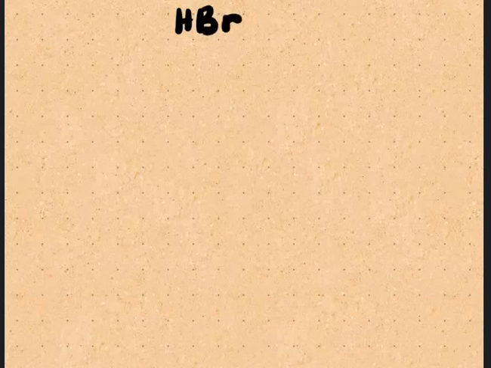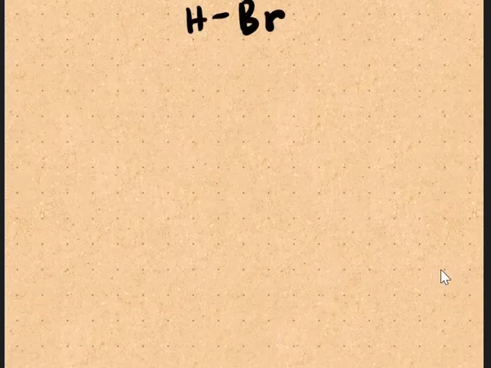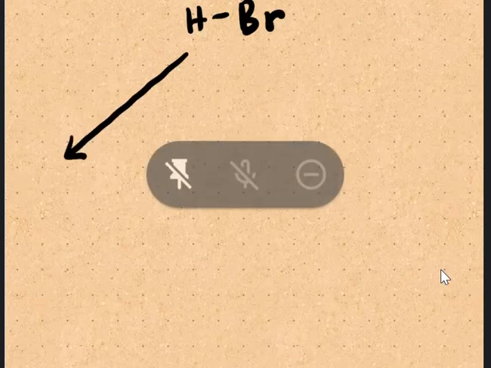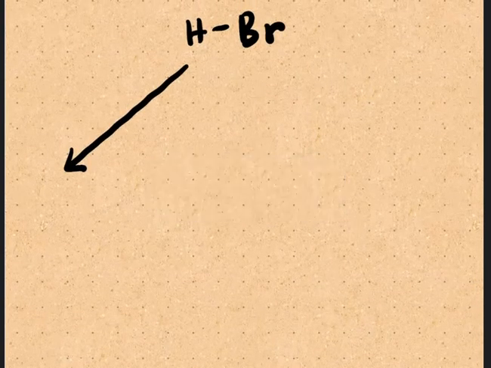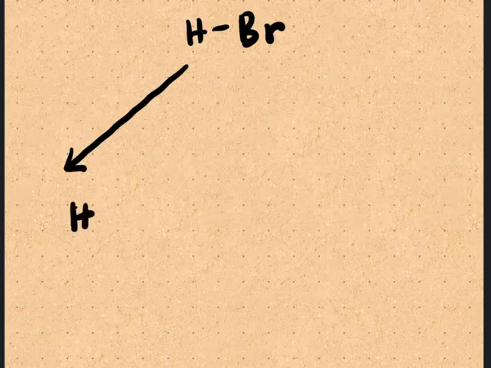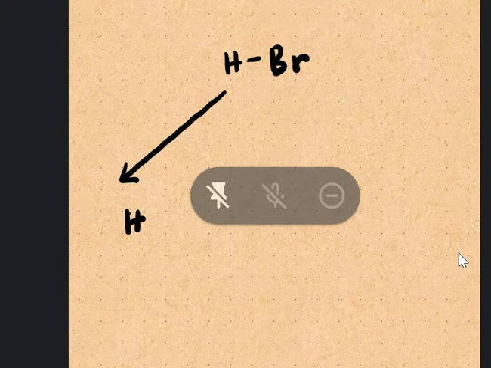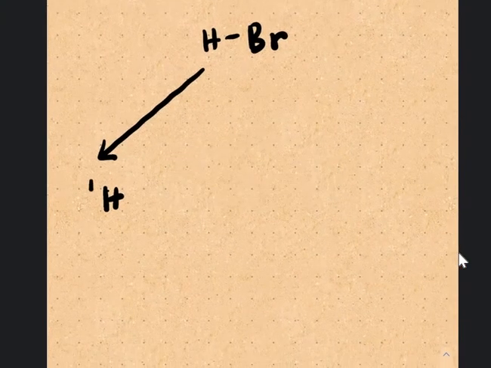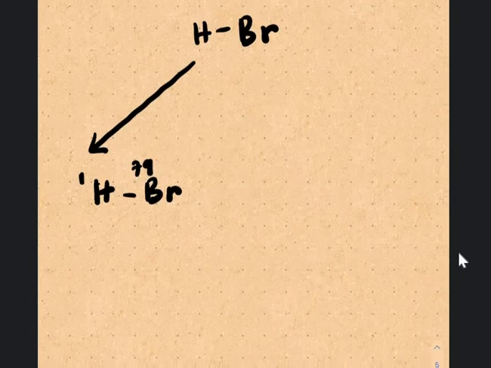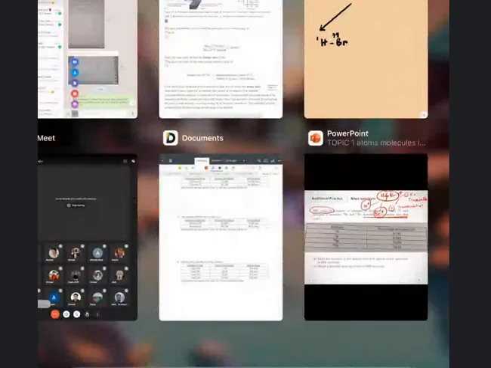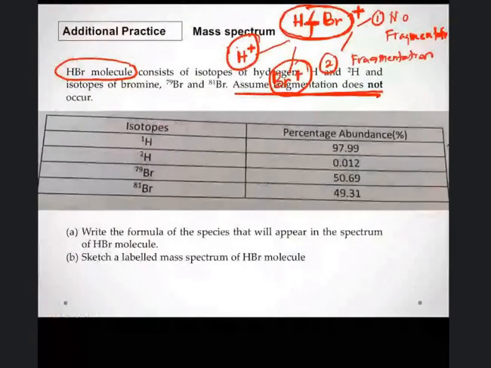Oh, jap. Nak buat bond dia. HBr. So our possibility of combination, masa kita inject sample kita tu, our sample can be a combination of, maknanya dalam sample kita ni adalah a mixture of HBr molecule yang diperbuat daripada hydrogen 1 and also bromine 79 because again kalau you all tengok soalan ni dia kata hydrogen ada dua isotop, hydrogen 1 dan juga hydrogen 2.